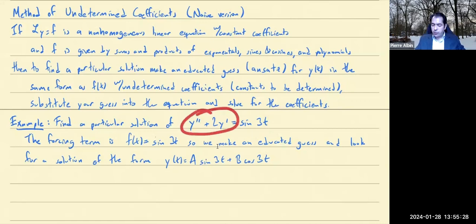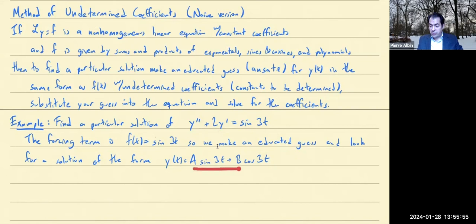If you're going to be taking derivatives, however many derivatives, and you start with sine of 3t, then whenever you take an odd number of derivatives, you're going to have some cosine of 3t, right? On the other hand, if I start with a linear combination of sine of 3t and cosine of 3t, and I take any number of derivatives, I still have a linear combination of sine of 3t and cosine of 3t, right?